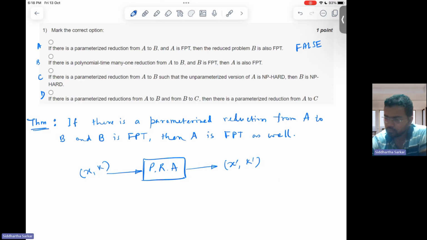So the next one: if there is a polytime many one reduction from A to B and B is fixed parameter tractable, then A is also fixed parameter tractable. How about this one?